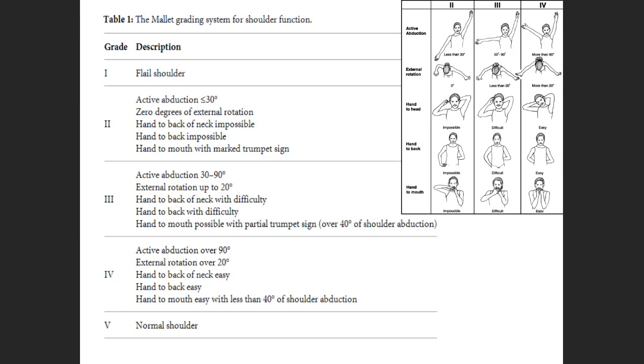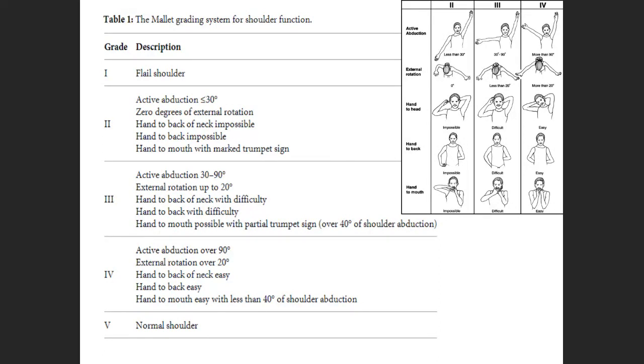Based on the functional problems of the shoulder, it is described in the Mallet grading system for shoulder function. Usually grade 1 is complete paralysis, and 5 is a normal shoulder. In between are levels 2, 3, and 4. This is level 2, you can see this picture. Active abduction is possible, greater than 30 degrees.